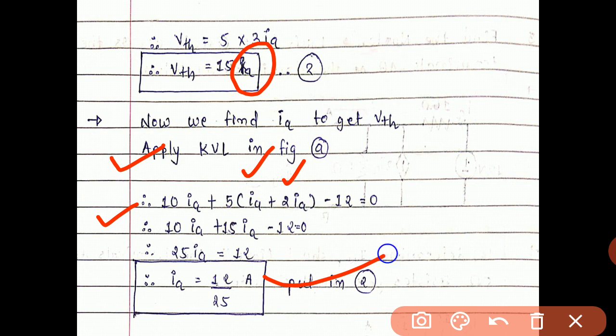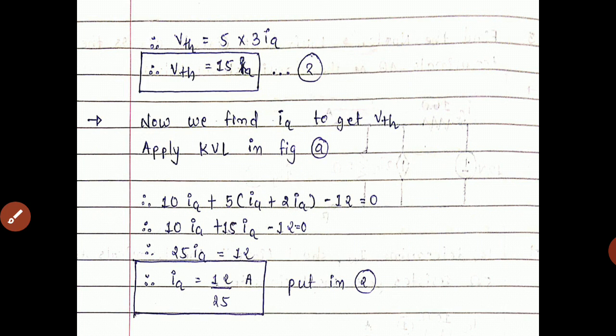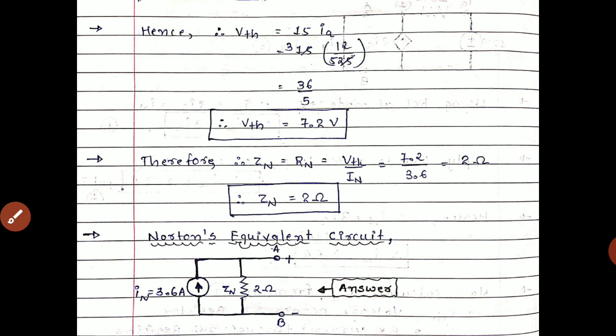Put this value in equation 2 to get VTH. By putting IA equals 12 by 25 and simplifying, we get VTH equals 36 divided by 5, so VTH equals 7.2 volt.